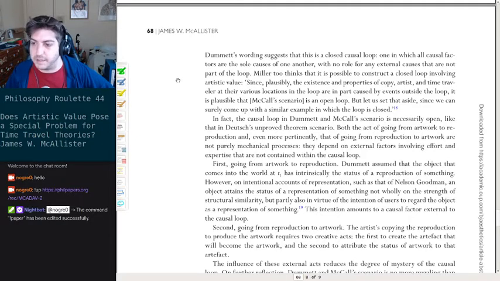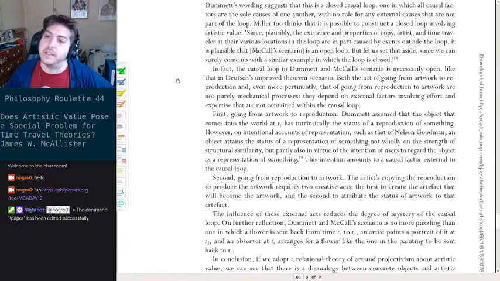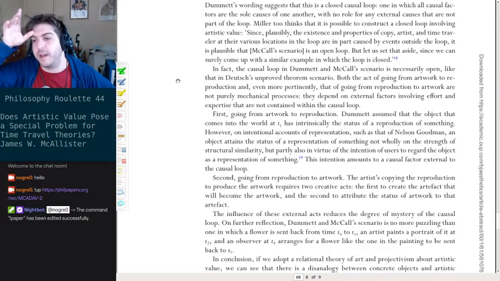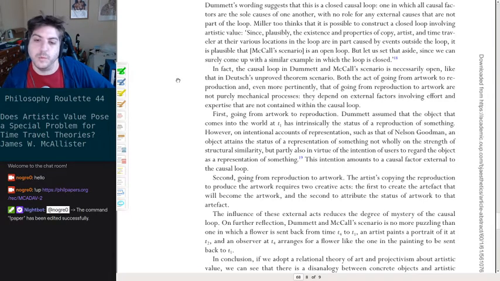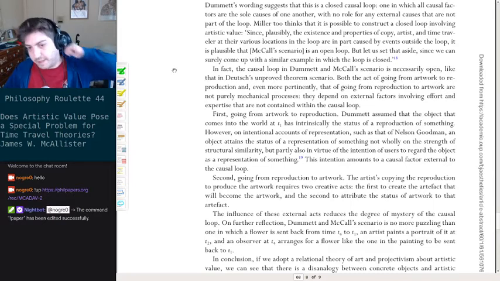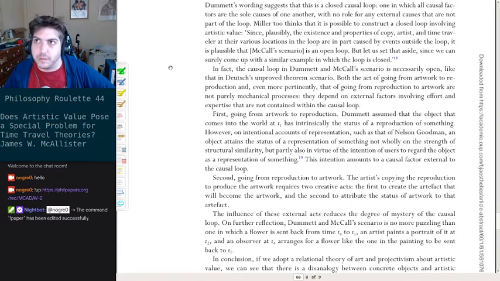Well, let's set that aside, since we can surely come up with a similar example in which the loop is closed. Well, it depends on your views on causality, if you can make closed causal loops without causes, but I mean, it's unmoved movers. You're an unmoved mover in that case. Basically it'd be aesthetically grounded in some sense. It would just be that an aesthetic thing showed up.